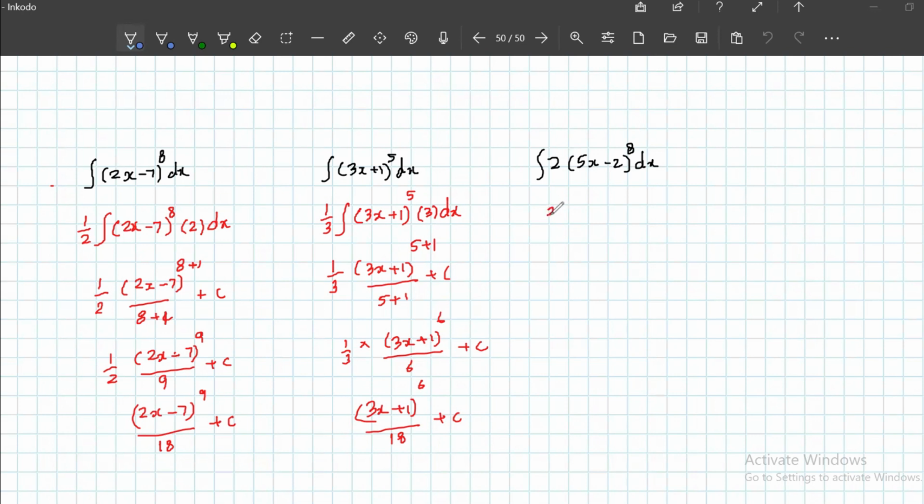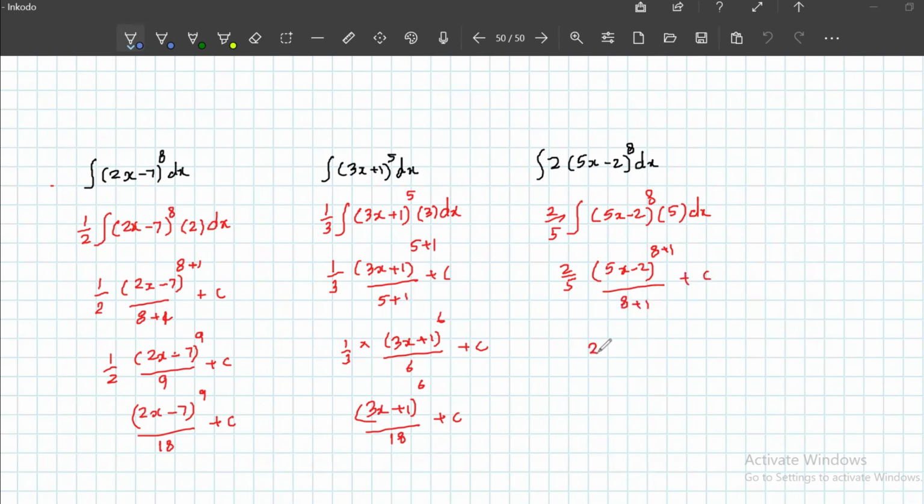Okay, so it is 2 over 5 integration of (5x minus 2) whole power 8, and multiply 5 as well, dx. So we have 2 over 5. Apply the integration concept. So (5x minus 2) power 8 plus 1 over 8 plus 1, plus constant of integration.